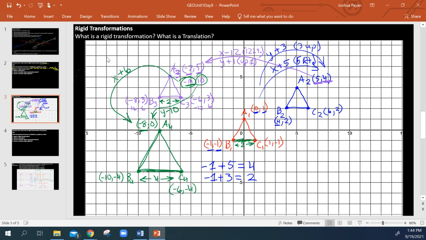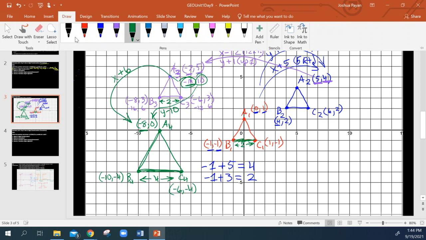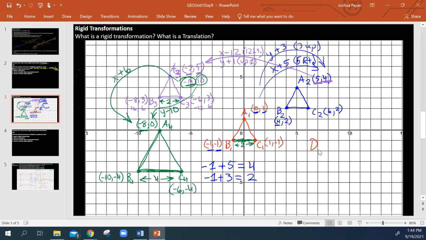So if I was going to list out how I got from A3, B3, C3 to A4, B4, C4, well, first I dilated by a scalar of 2. That was step number 1.